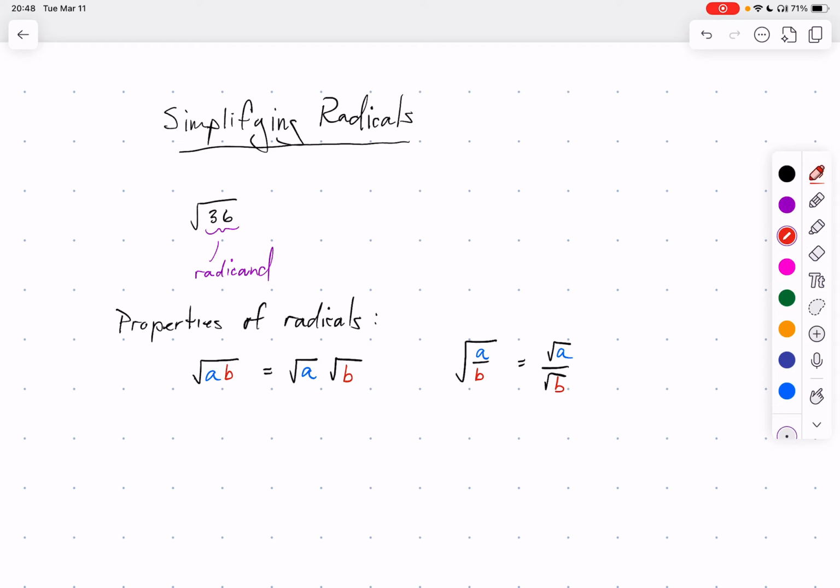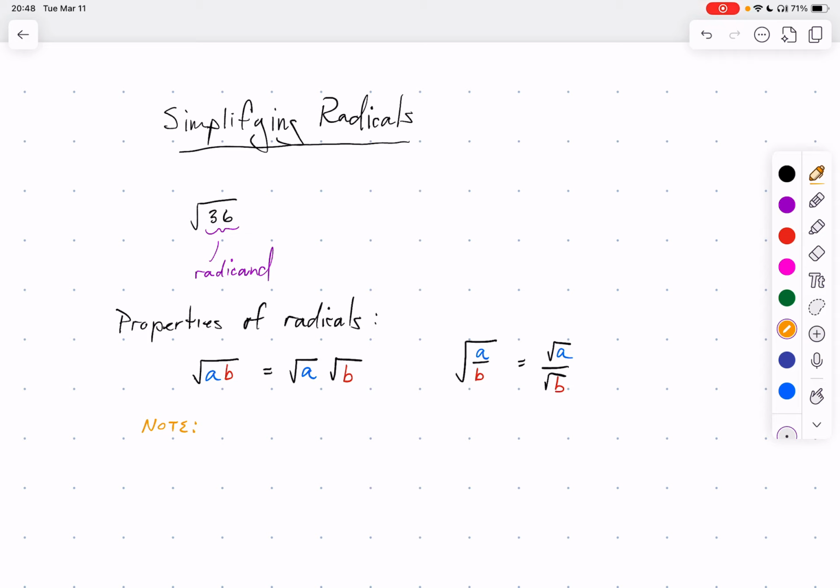so those are two properties that are going to be useful for us. We should note this. So note, it is not true that this property extends to sums and differences.